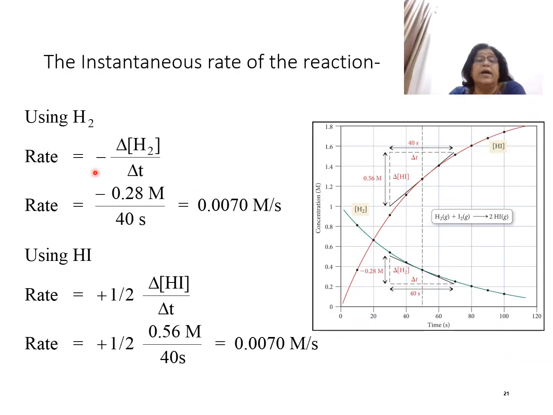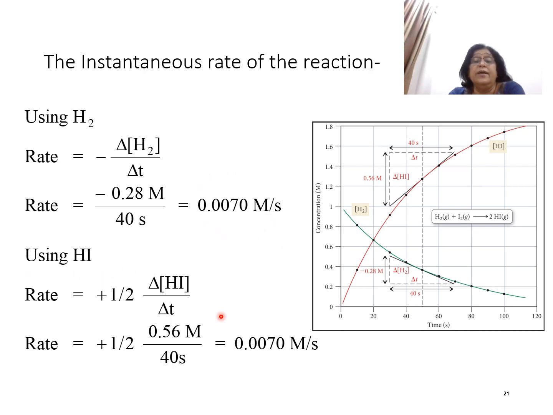Using hydrogen, the rate of change of concentration of hydrogen upon time at a given instant: a tangent is drawn, and in this time interval the change in concentration is minus 0.28, and the time interval is 40 seconds. So 0.0070 moles per liter per second is the rate.